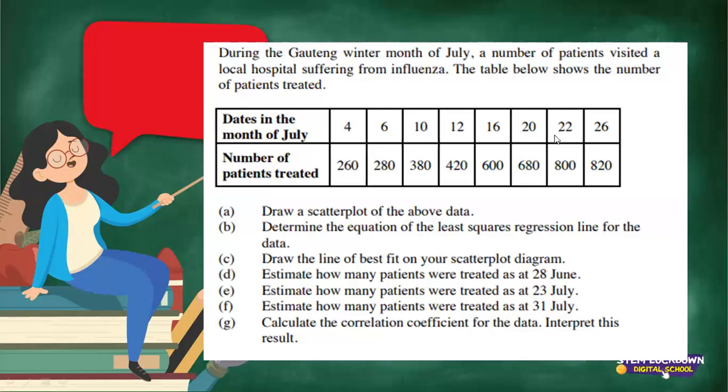From your graph, you can check how many patients were treated on the 28th. Go to the 28th on the side of the date, and read off the number of patients.